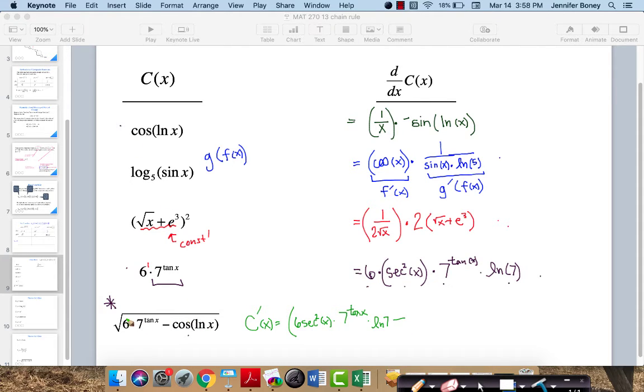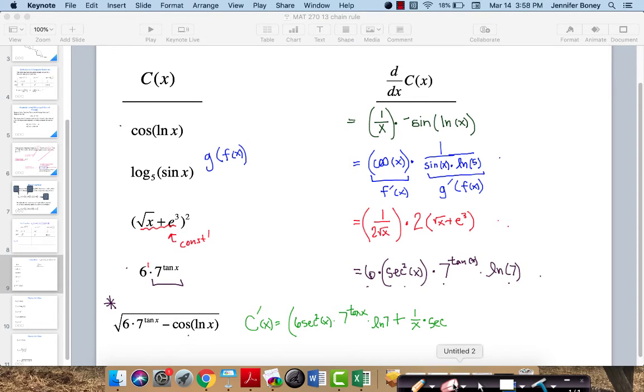So this is the derivative of what's under the radical sign. We have that right here, minus then 1 over x times negative sine. I'm going to make this a plus, and then just leave the negative out of the middle of the multiplication.